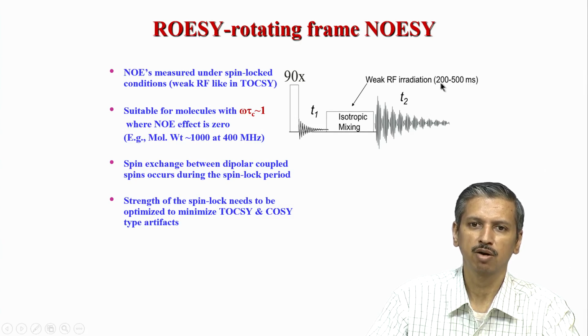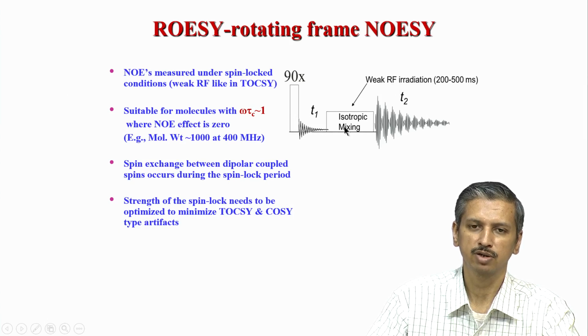But if I use such a long mixing time and I use the same power level as a TOCSY, it is a problem. It can create heating in the sample. So, the radiation is actually not very strong, it is much weaker compared to a TOCSY. In a TOCSY we use stronger RF intensity because of what is called mixing.